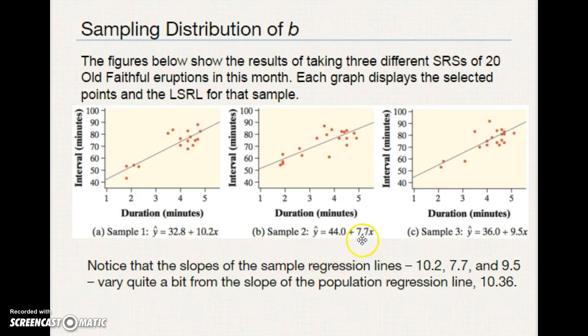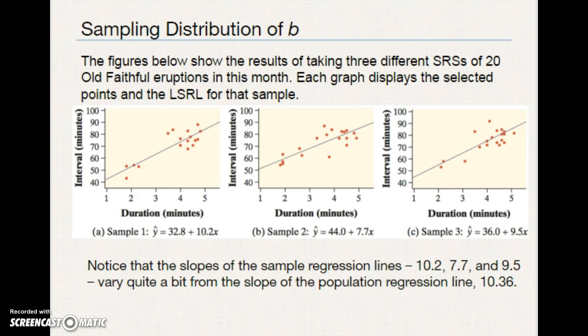In the second example, it's 7.7. And in the third sample, it is 9.5. So they obviously vary quite a bit from each other, as well as from the 222 eruptions in one month, which had a slope of 10.36.